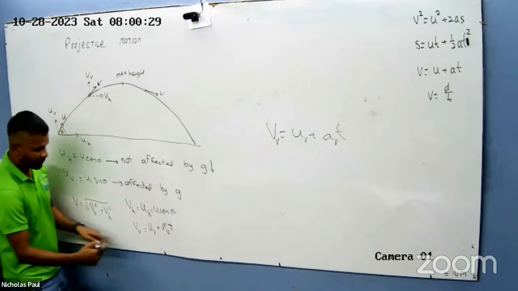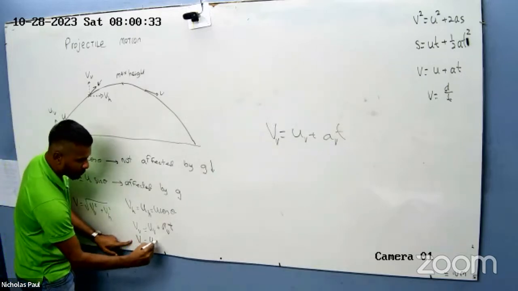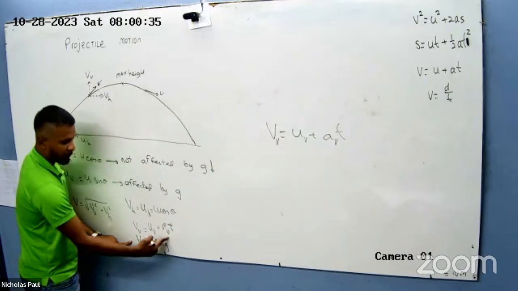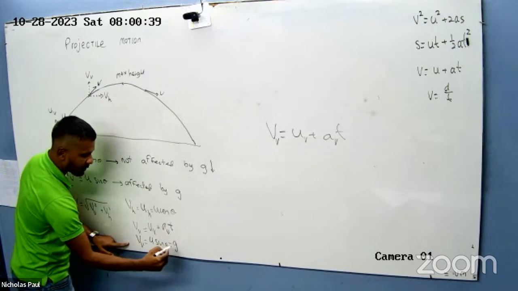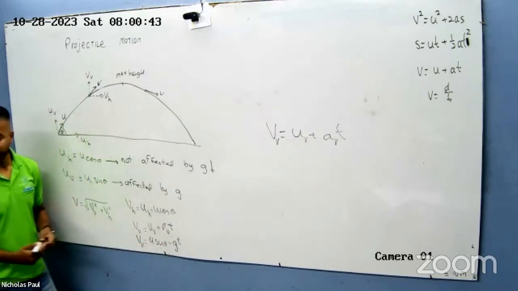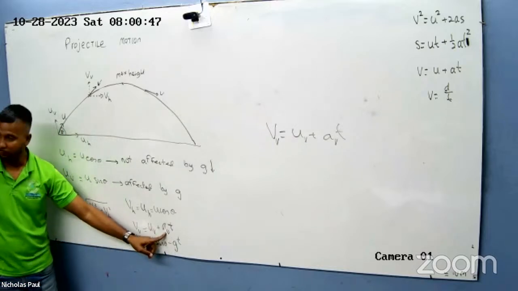So this equation is really u sin theta. Because the particle is going upwards first, it'll be minus g times t. Have the vertical component.